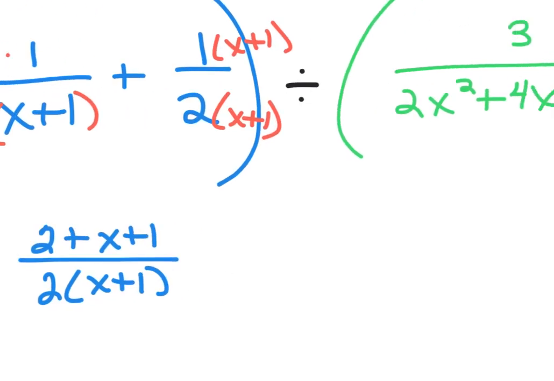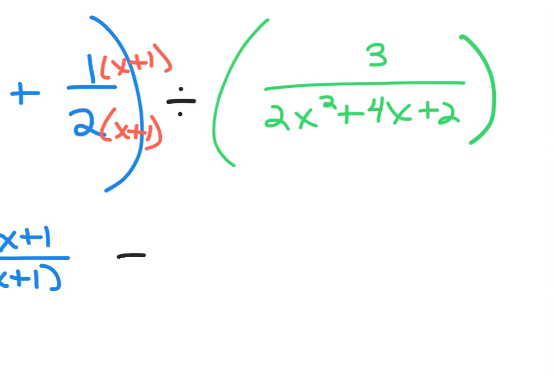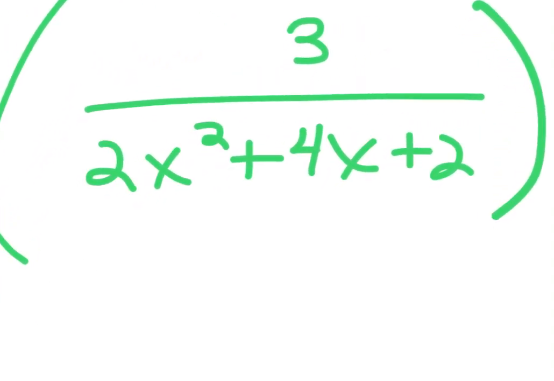Let me switch over to the green part of the function though, and the first thing I'm going to do is factor the denominator. You should see that you have a GCF of 2, so take out the 2 and you have x squared plus 2x plus 1.